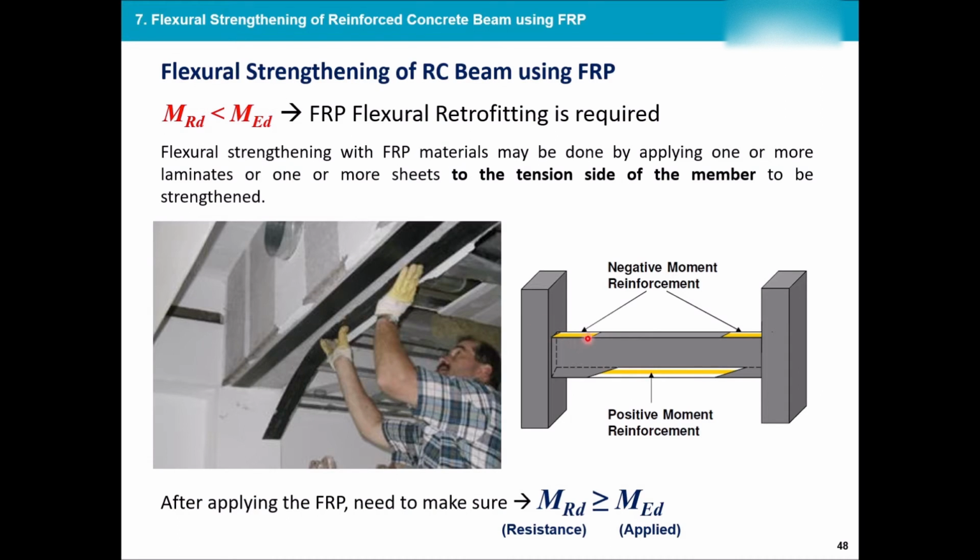Anywhere that I have tension due to the loading, I will apply the FRP. Pay attention to the direction that this guy is applying it. For flexural bending, it follows the longitudinal reinforcement of the section because those bars have the duty to carry the tensile force. After the FRP is applied, now I have solved my problem.